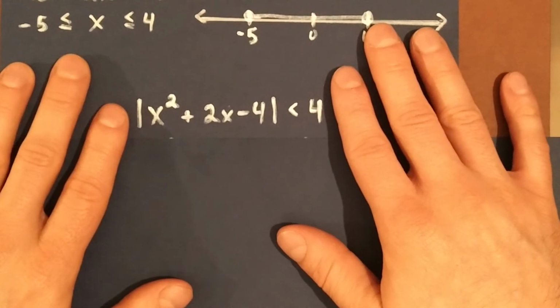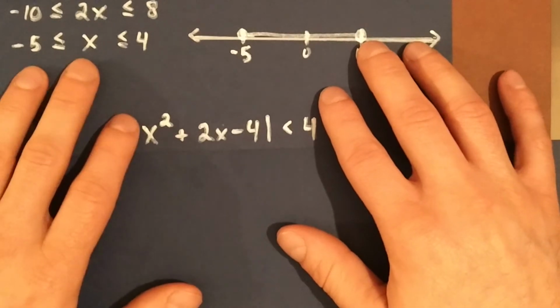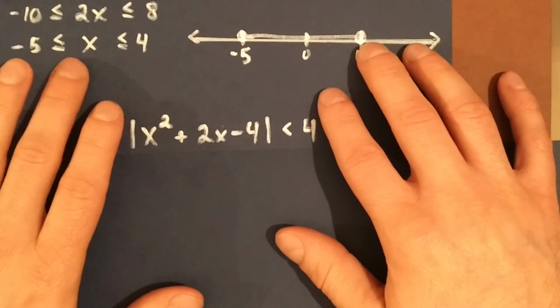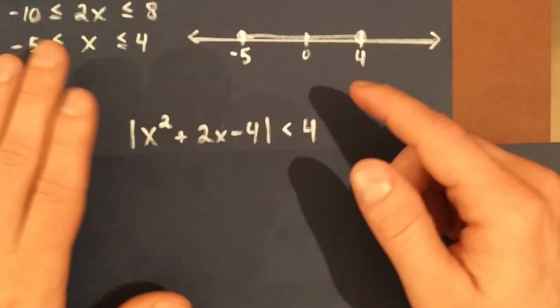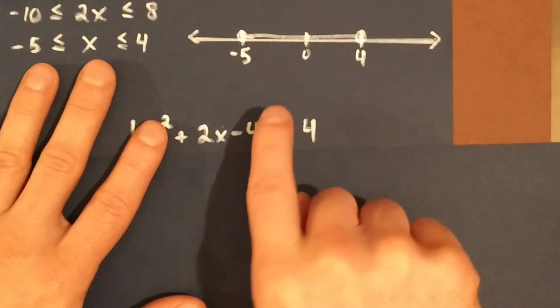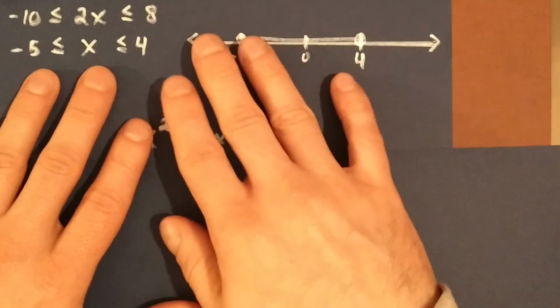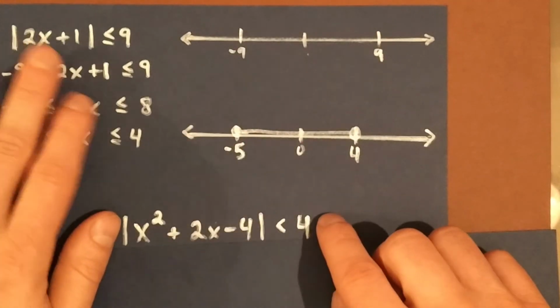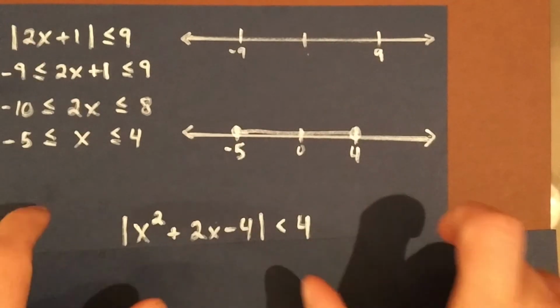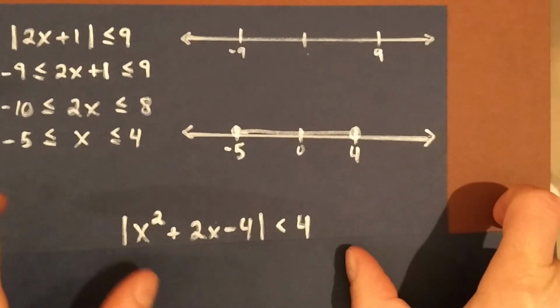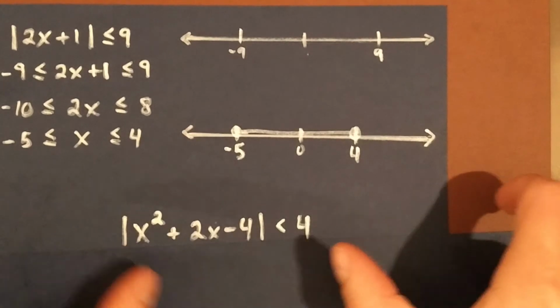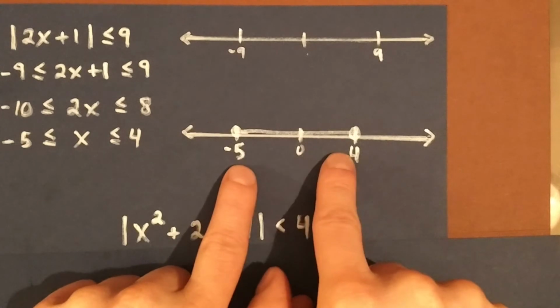How many parts to the solution? I mentioned that with a normal linear inequality, we get one piece. We get greater than something or less than something. But when there's absolute values involved, we get two parts. We can either get something to the right or something to the left, two parts, or we get two parts where they overlap like this.